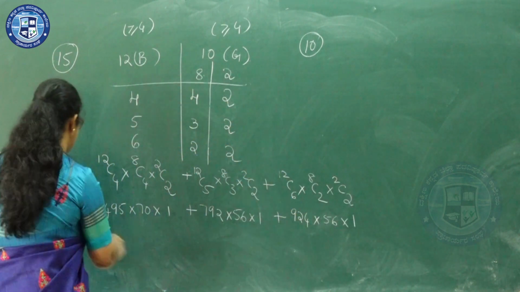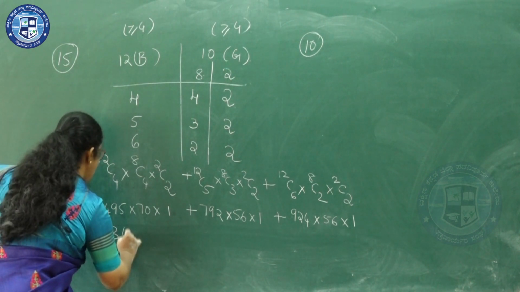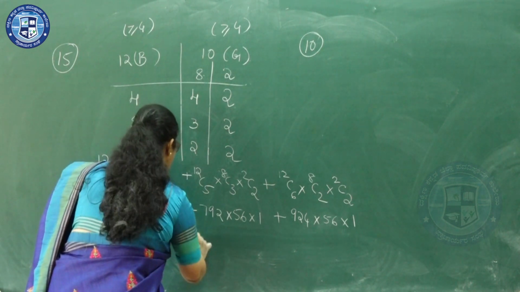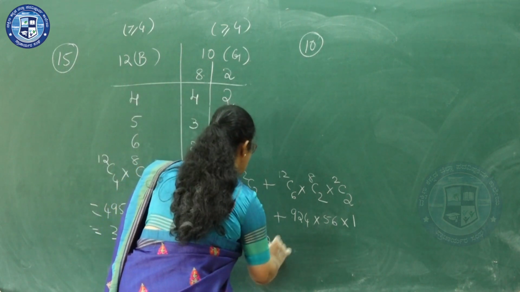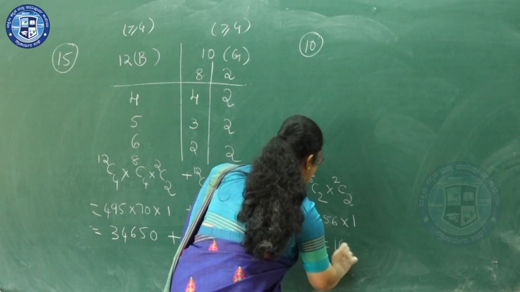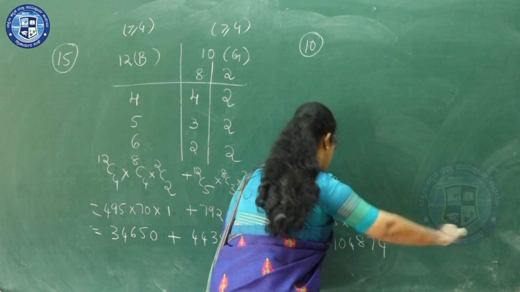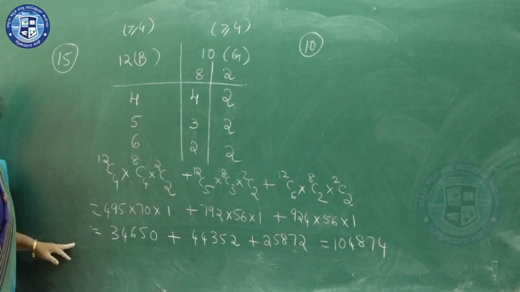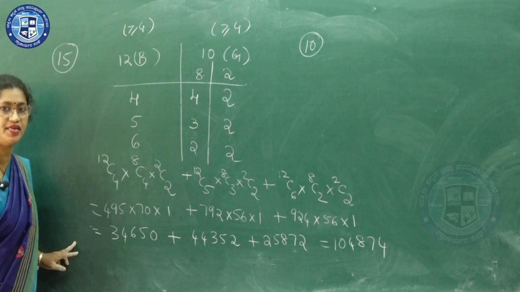Let us do these calculations. Now this will be 34650 plus 44352 plus 25872. And when you add this you will get 104874. This is the total number of selections that can be done.